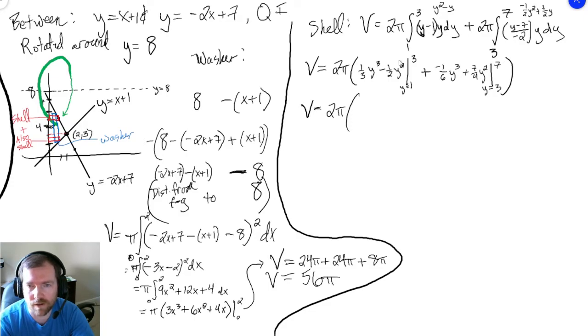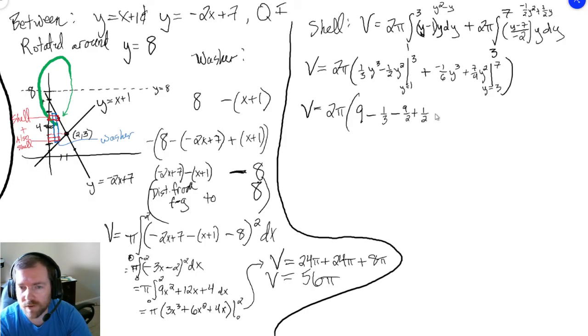This is going to be 3 cubed is 27 divided by 3 is 9 minus 1/3 times 1 cubed is going to be 1/3 minus y squared here, 3 squared is 9, so minus 9/2, and minus a negative is plus 1 plugged in here is going to be 1, so negative 1/2 makes plus 1/2 down here. Alright, looking pretty nice so far. This is going to be a negative. Plug in 7. 7 cubed is 243.